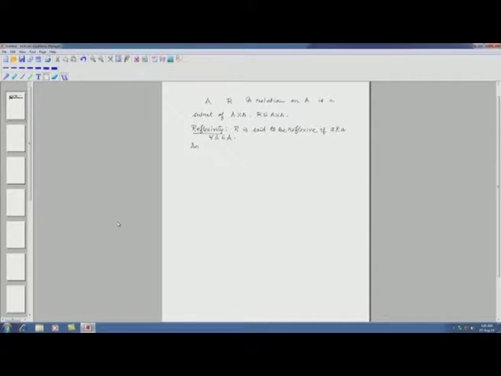The next property that we recall is antisymmetry.